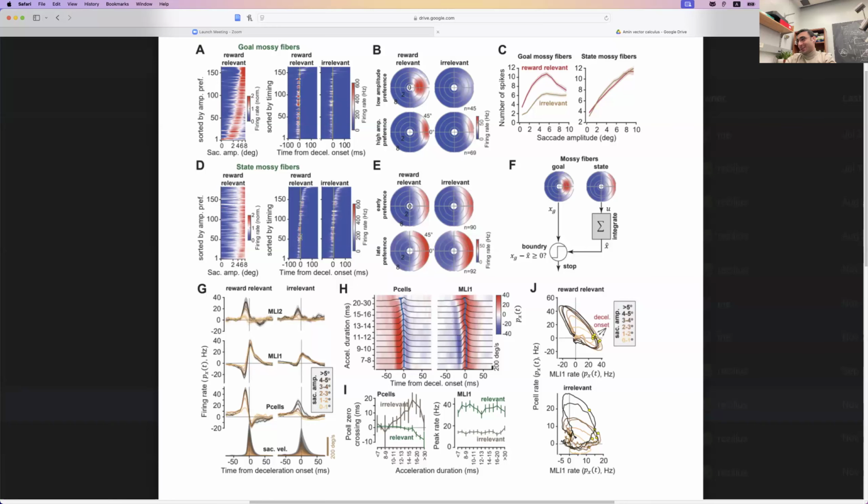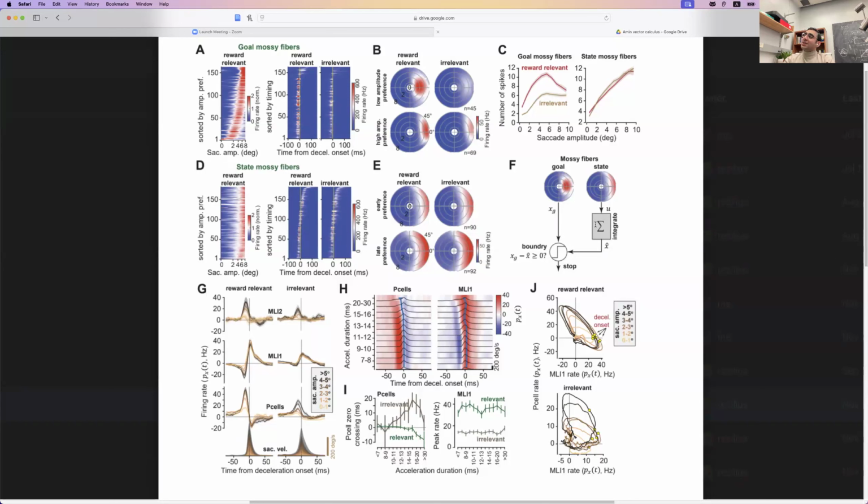But looking at their modulations, we have neural integrators which are actually position encoding. They're position integrators, not displacement integrators, and they're coming through the Mossy fiber inputs. But we haven't found the cell type that is specifically doing the displacement integration, as the model suggests.